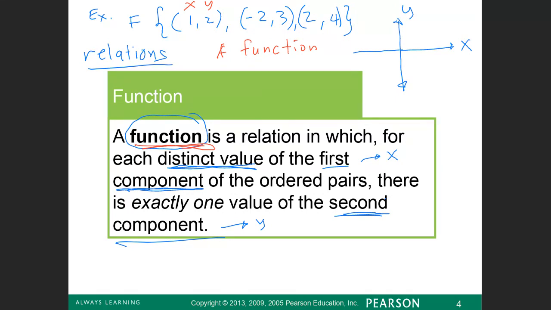So whatever the value for x, let's say 1, you have a distinct value of 2. So there's no other one for the other ordered pairs.